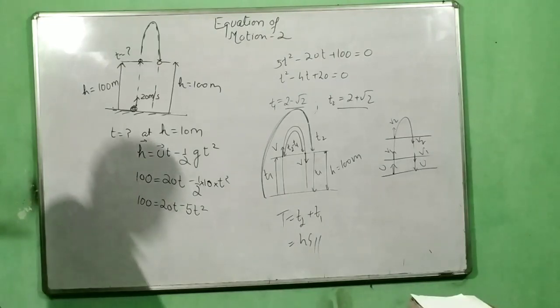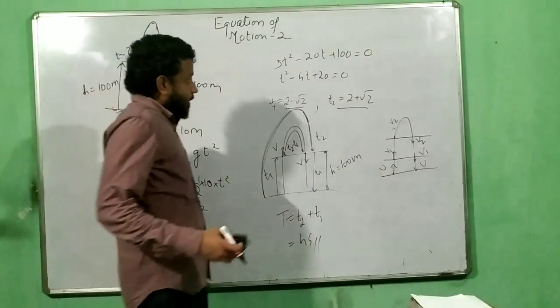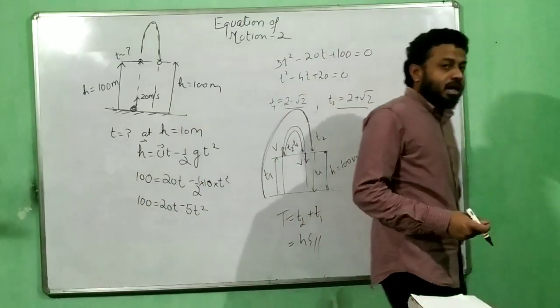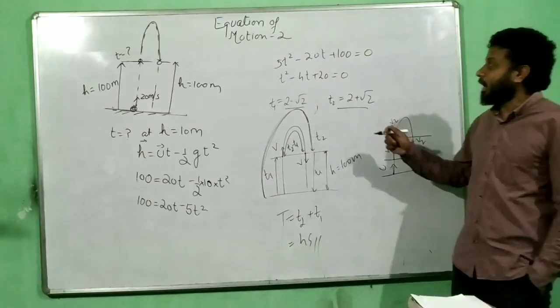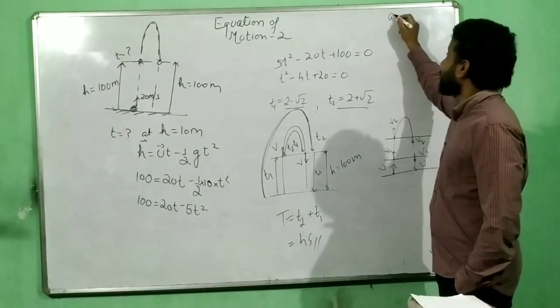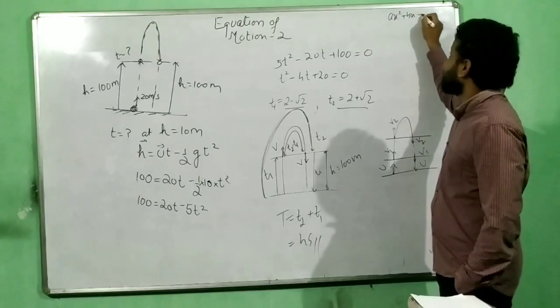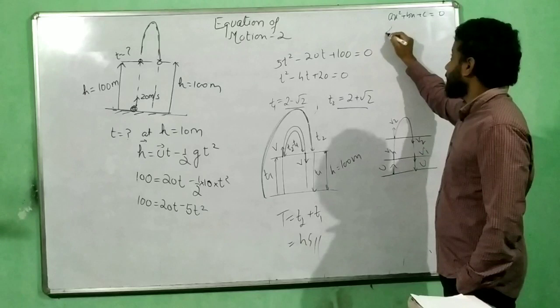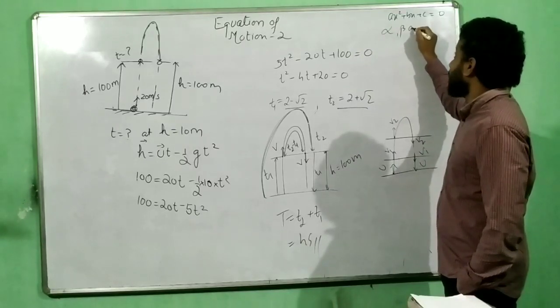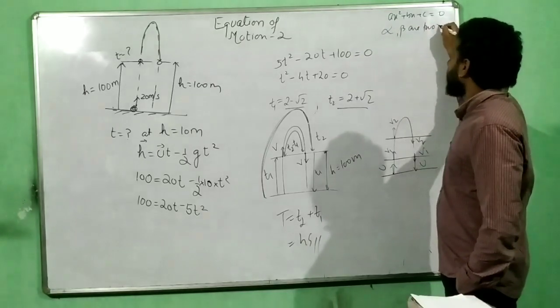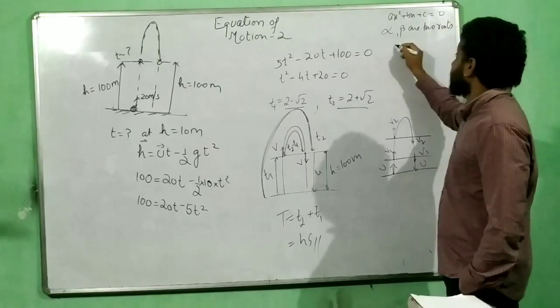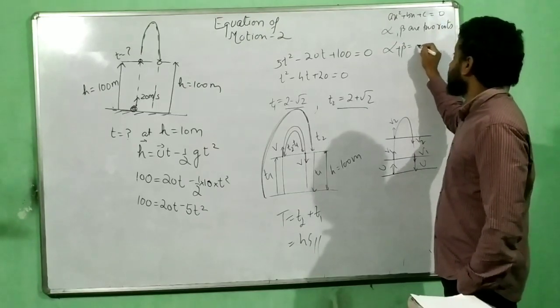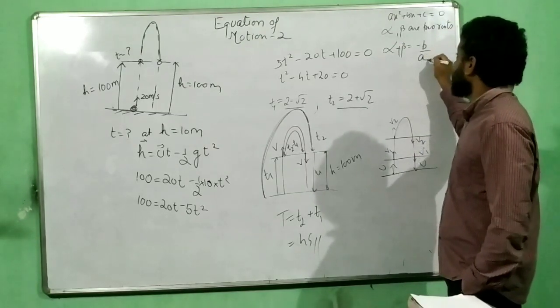Okay. How will you get this answer directly? Now, if you remember, when a quadratic equation ax square plus bx plus c is equal to 0 is given to you, there is a rule which says that if alpha and beta are the two roots, then alpha plus beta is equal to minus b by a.